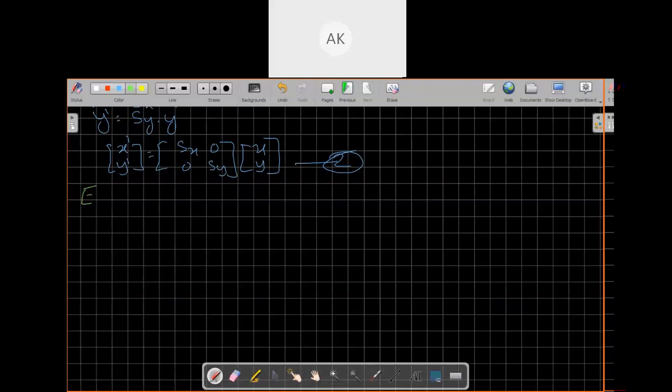Let's write it in matrix form: x dash y dash equals sx 0 0 sy into x y. This is your equation for scaling the object. Okay, so this is the scaling of your object with sx and sy scaling parameters.